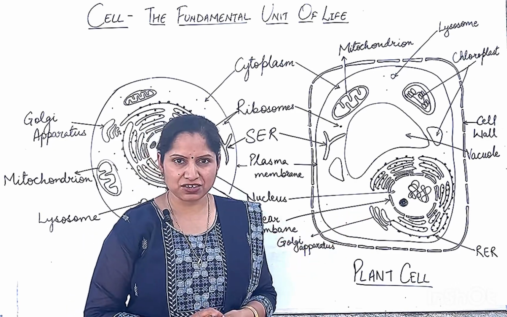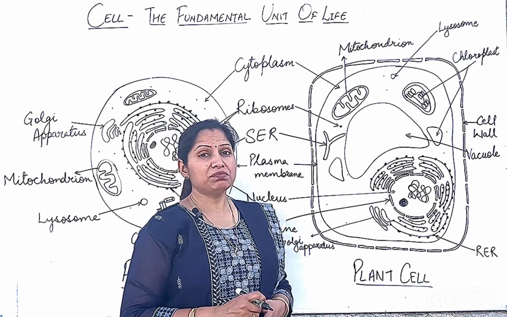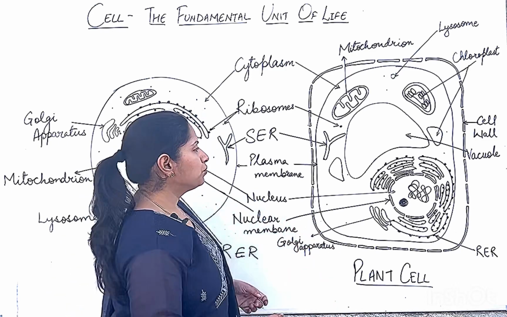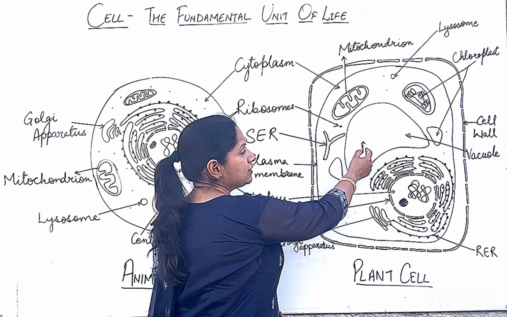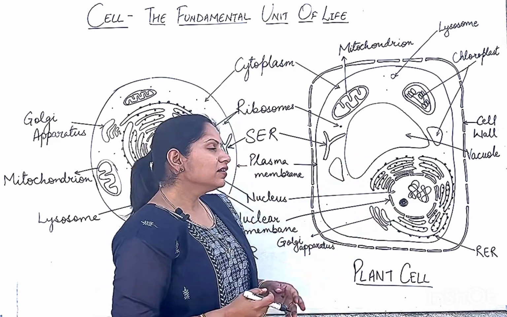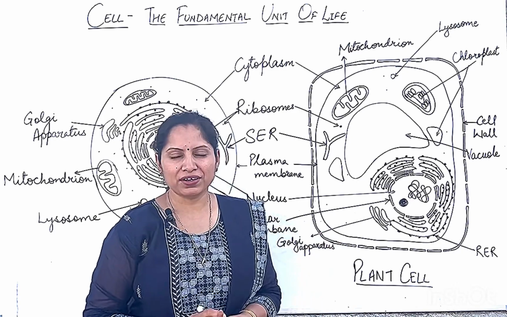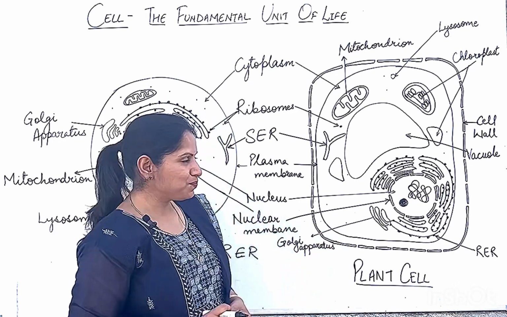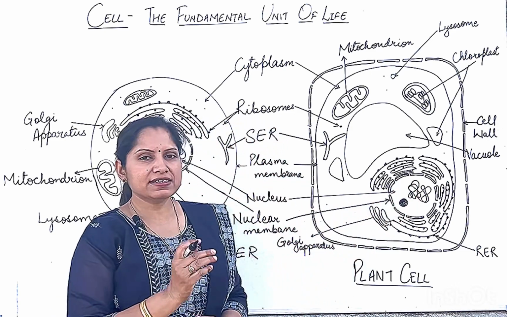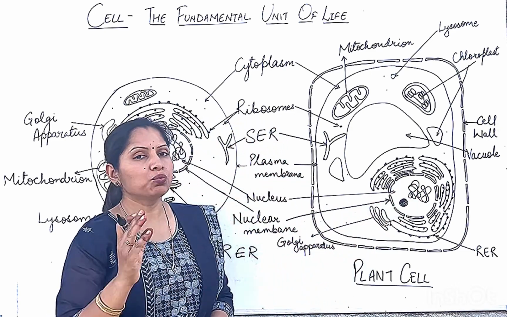It's not at the center, because in a plant cell there is a huge structure known as the vacuole. This vacuole is so big that it has pushed the nucleus to one corner, at the periphery.